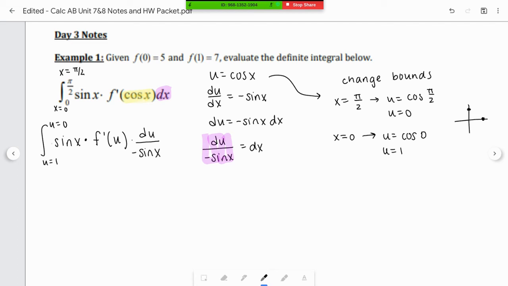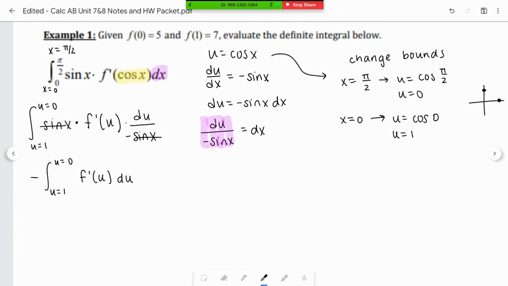I'm going to rewrite this a little bit. My sine here divides with my sine here, and I'm going to pull that negative that's in the denominator out in front of my integral. So I have negative integral from u equals 1 to u equals 0 of f prime of u du. Now, notice that my bounds are in the incorrect order, right?